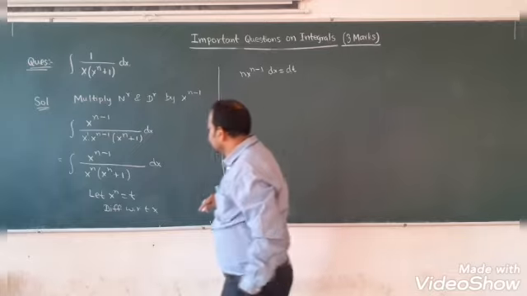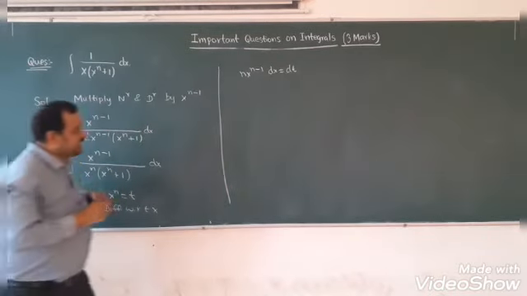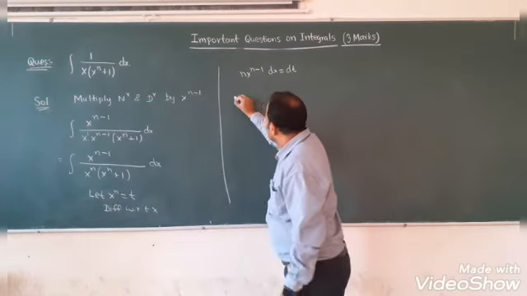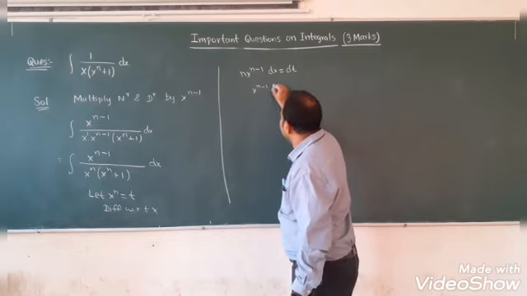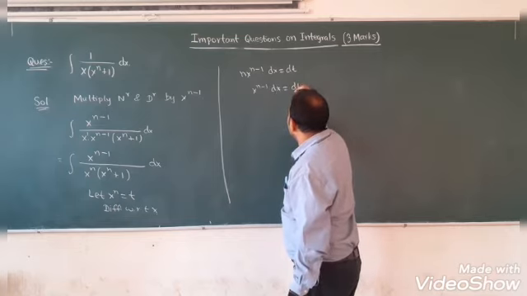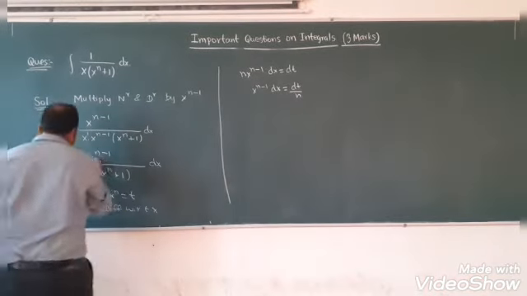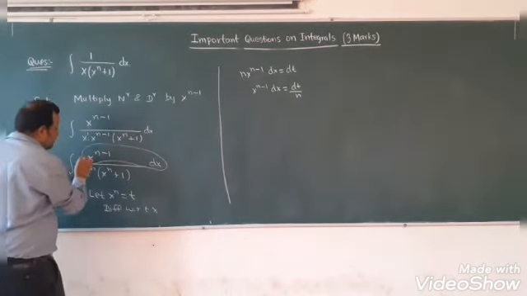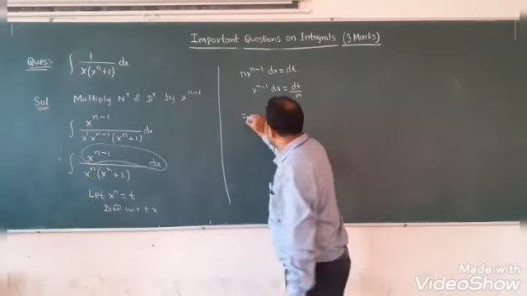What you can see here is that n is missing, so I am dividing by n on both sides. Or I can say x to the power n minus 1 dx is equal to dt by n.